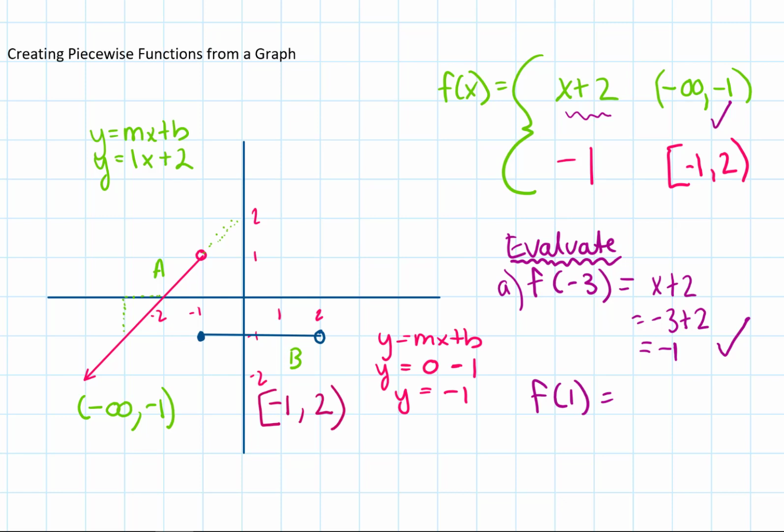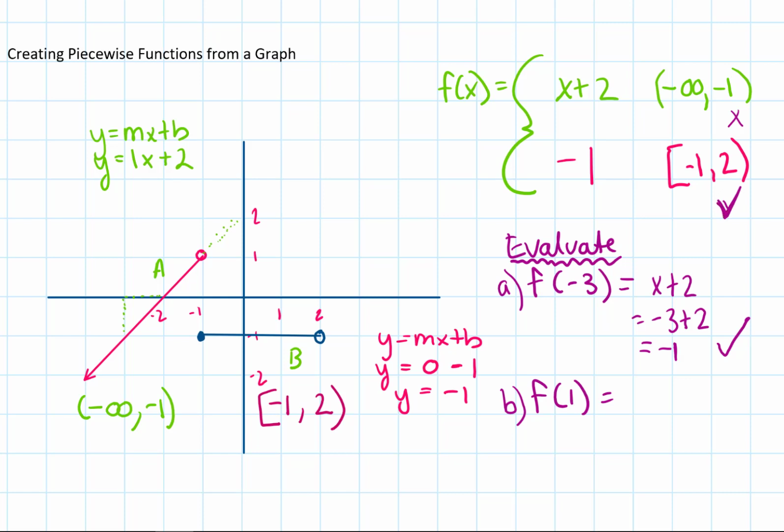The next question is saying when x is equal to 1. So we look at 1, we look at which equation x is equal to 1 falls into. So does x equal 1 fall between negative infinity to negative 1? Nope. Does x is equal to 1 fall between negative 1 and 2?